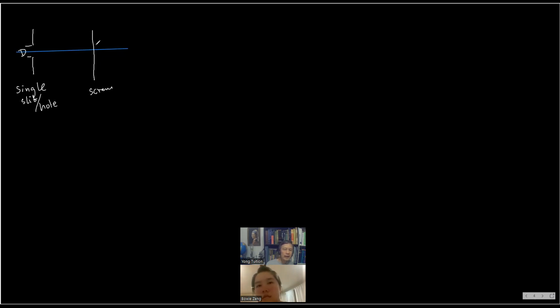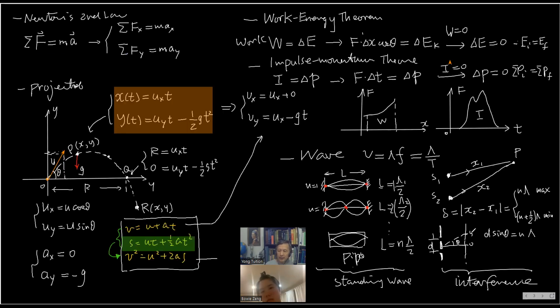And you will see that at the center it is bright. You see this intensity, okay? But if you go further, you will see the dark. That is slightly different, because in the double slit case, the interference pattern has equal distance. I get the maximum here at equal distance.